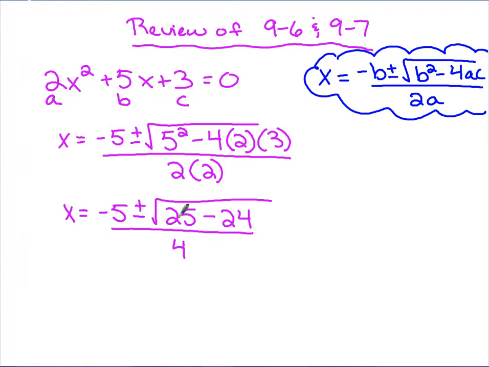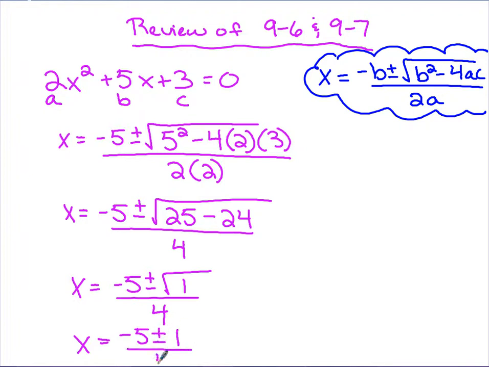All right, let's finish this off. 25 minus 24 of course is 1. Square root of 1, hopefully you can do that in your head. It's 1. So x equals -5 plus or minus 1, and then divide by 4.